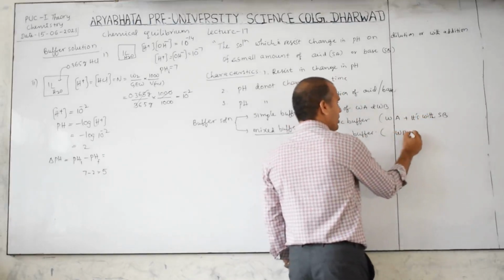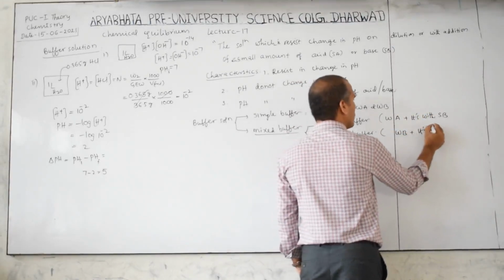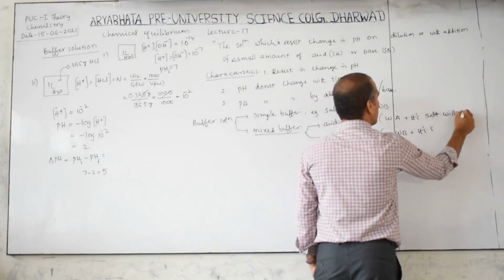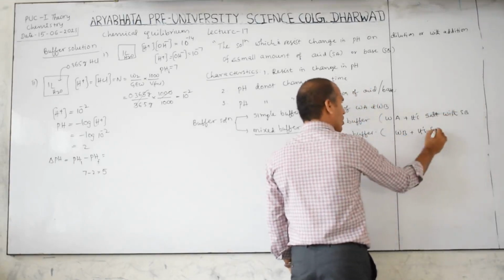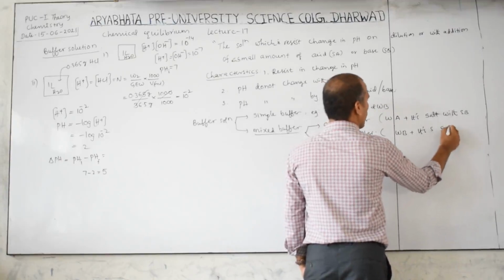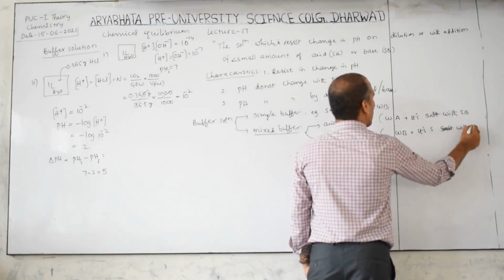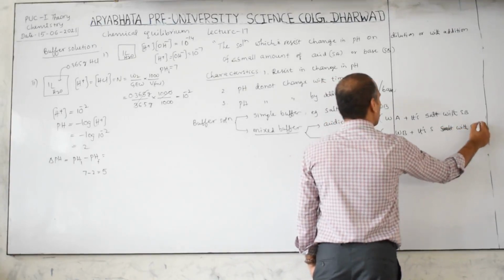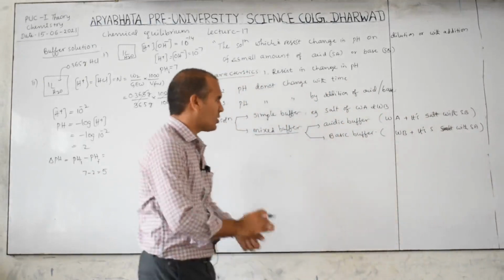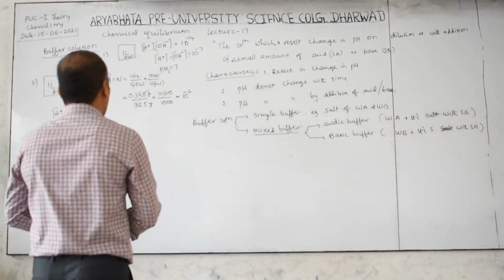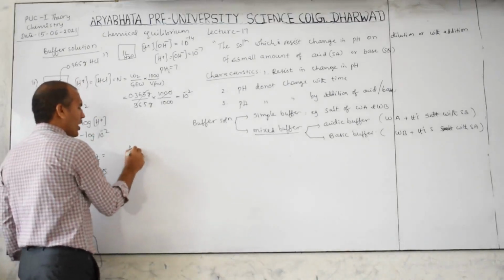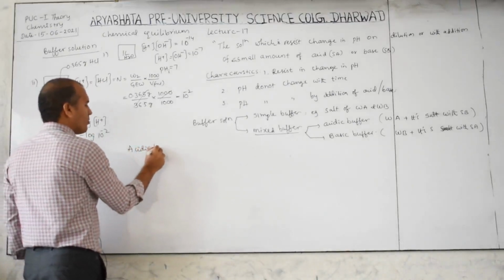Basic buffer is weak base plus its salt with strong acid. You have to remember this part, it is very, very important. Mixed buffers are very important. In that, one is acidic buffer, another is basic buffer. So first I want to discuss about the acidic buffer.